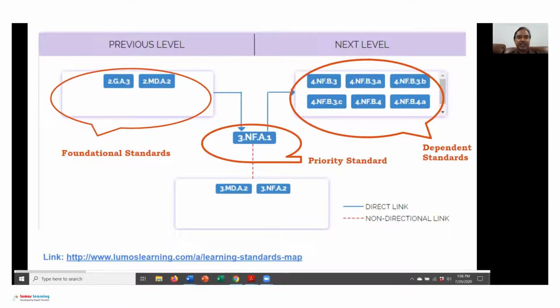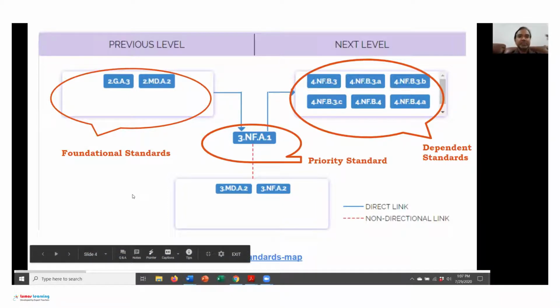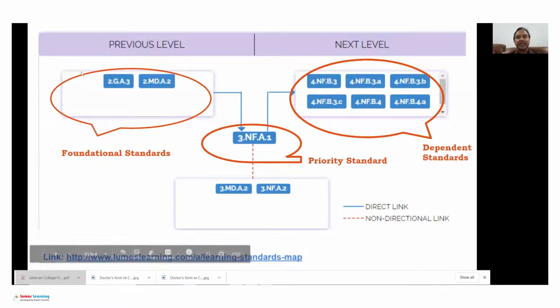As you can see in the picture here, just a quick recap: if you look to the left of the standard that you are observing, you can identify the foundational standards. Why is that important? Because knowing what those standards are helps you address the summer learning loss or the COVID loss. And looking to the right of the standard tells you the standards that are going to come in the future, which are dependent on the mastery of 3.NF.A.1.